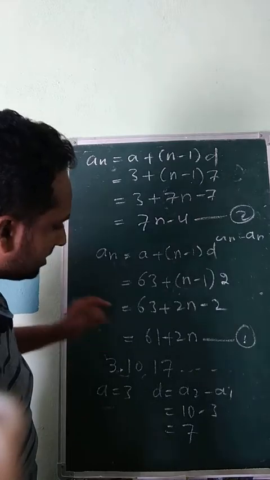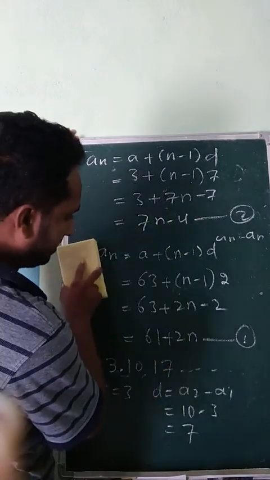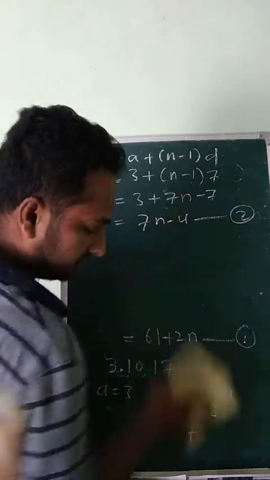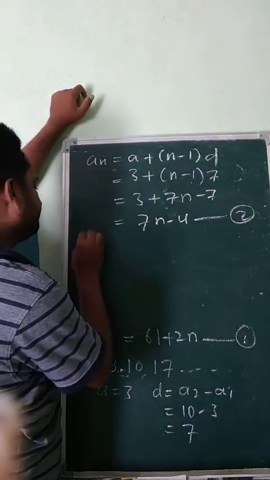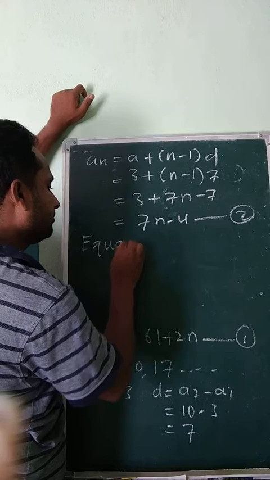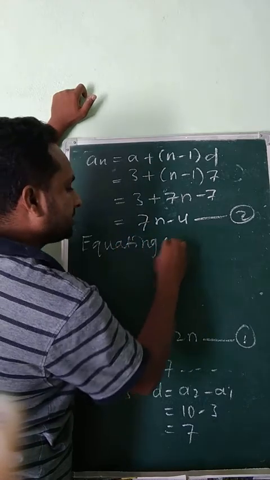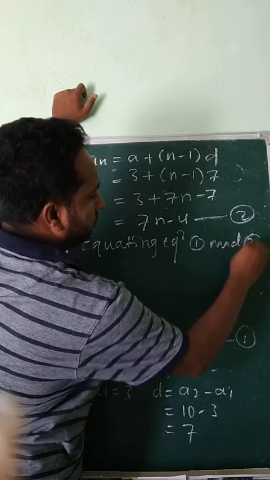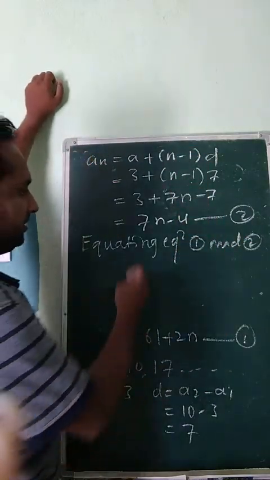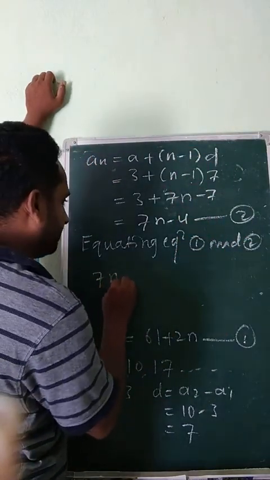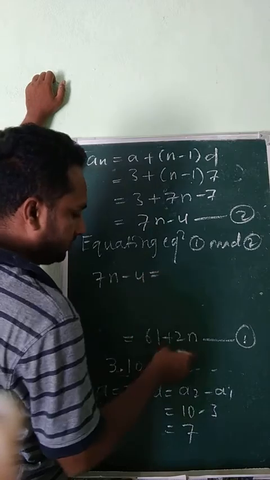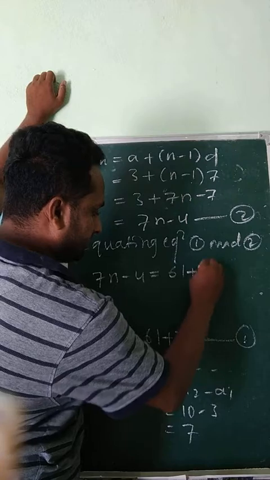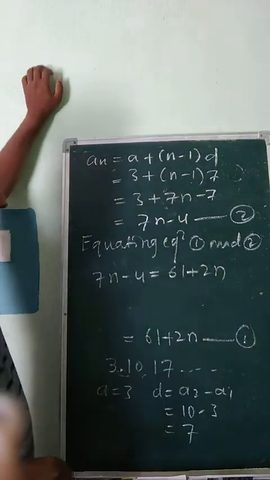Now from equations 1 and 2, you have to take down the steps. Equating equations 1 and 2, we get 7n minus 4 is equal to 61 plus 2n. Clear?